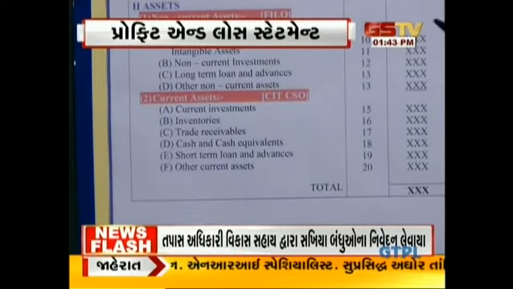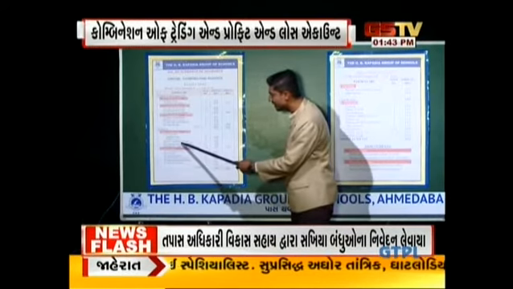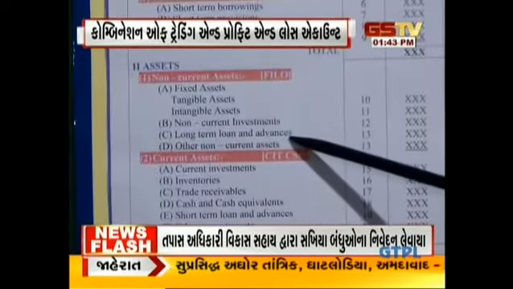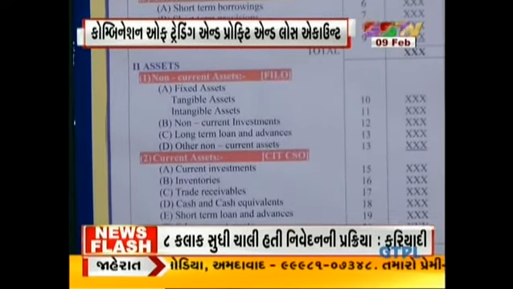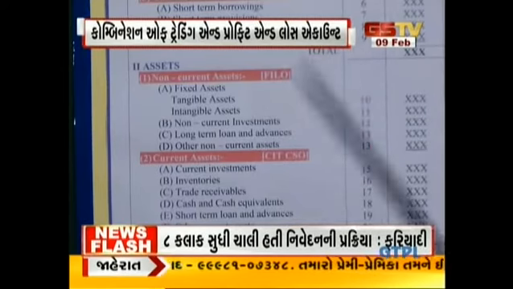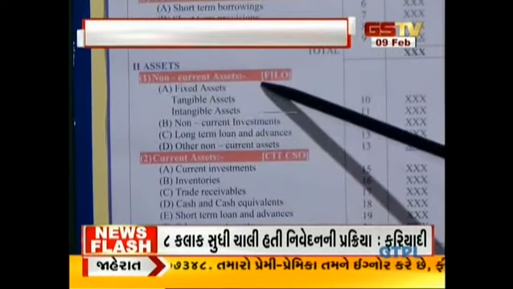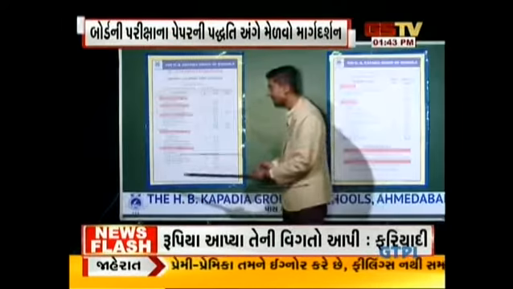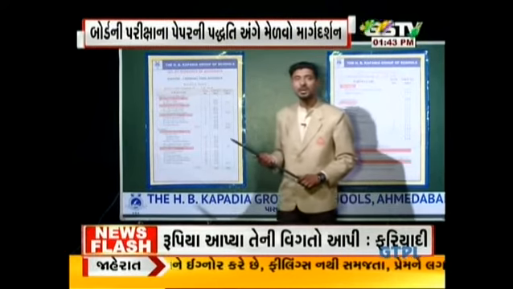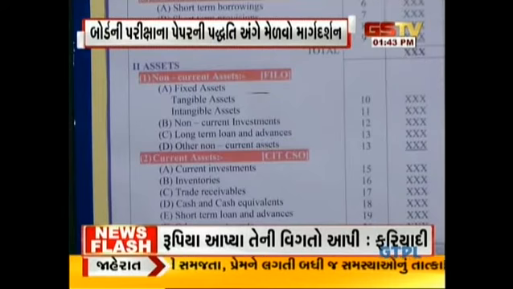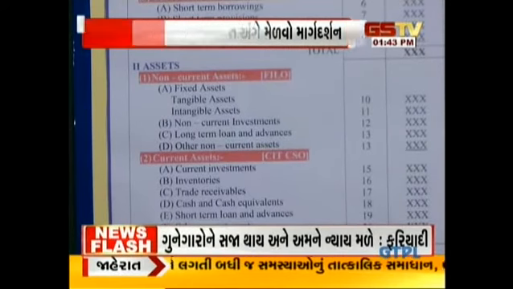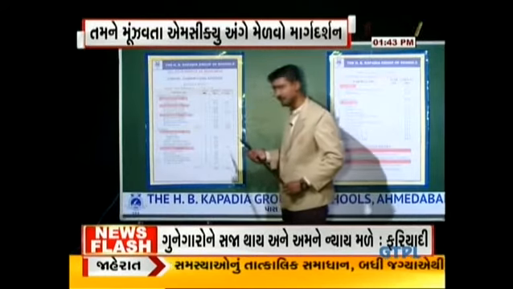Now how to remember this? See students, investments and loans and advances are given in non-current assets as well as current assets. The only difference is that in non-current assets they are long term, and in current assets they are short term. Okay. So this is the whole balance sheet of a company's final accounts.